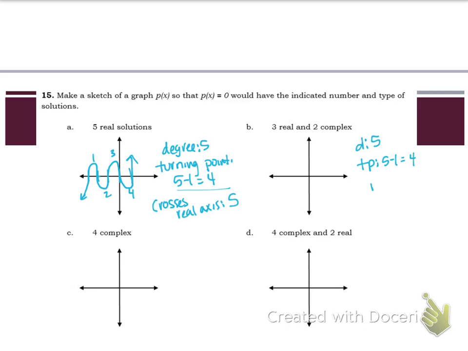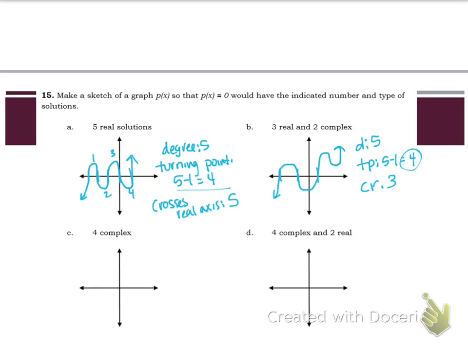And then my crossing the real axis, it's only going to cross 3 times. So 1, 2, 3. But I need to make sure I get 4 humps in there. So if I start down here, 1 hump, 2 humps, 3 humps, 4 humps. Okay, and then that's where my 2 complex is happening, right in there to get those extra humps.